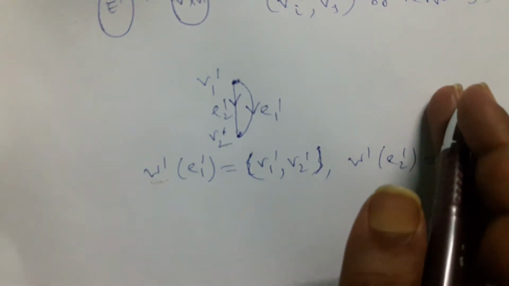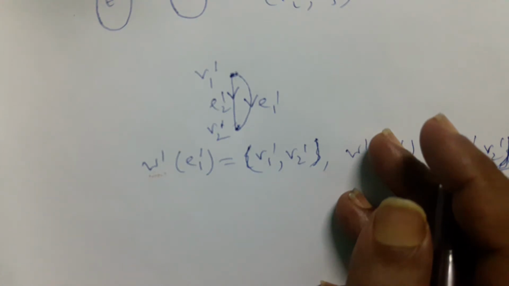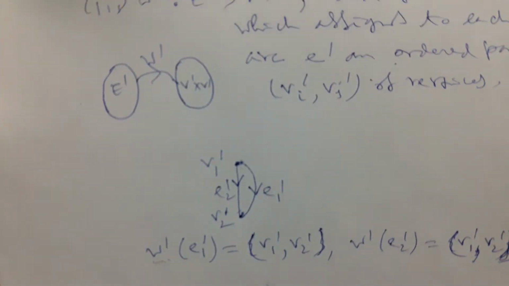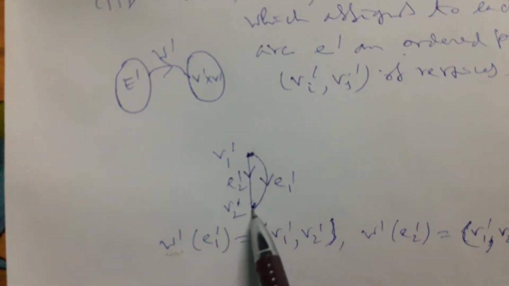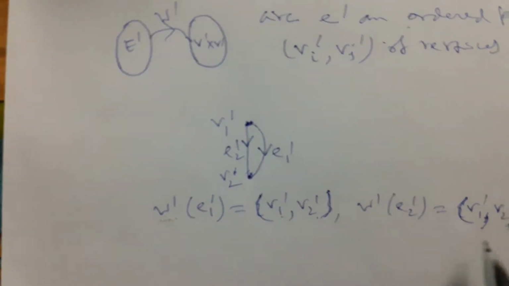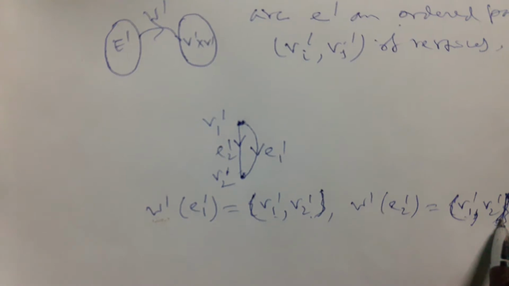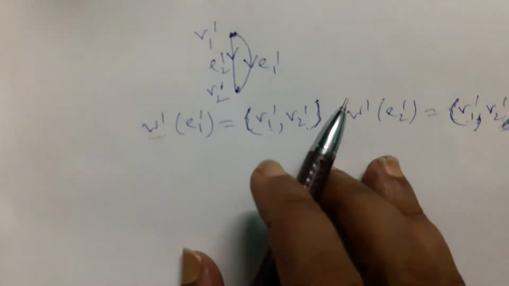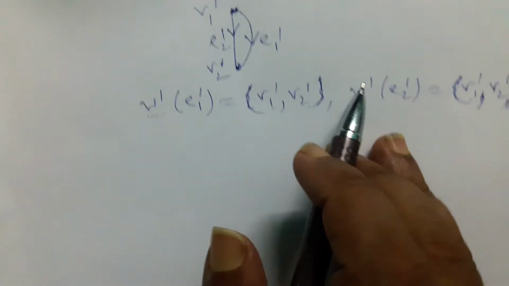One point to be noted: the starting vertex is called the tail, and the terminal vertex is called the head. The direction is from tail to head.